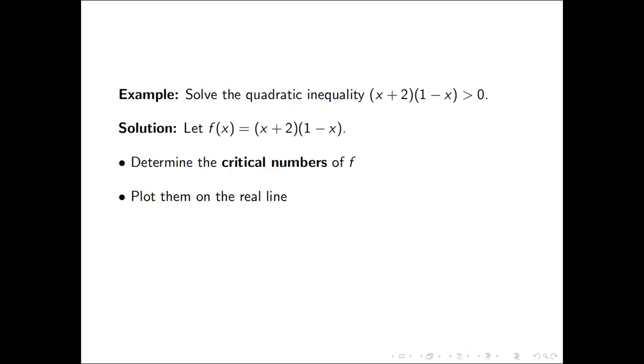Then you plot those 2 numbers on the real line and observe that they will divide the real line into several sub-intervals, as I will show. Once you have plotted the critical numbers, you pick a test number for each sub-interval, and you plug those test numbers into the given function in the inequality.